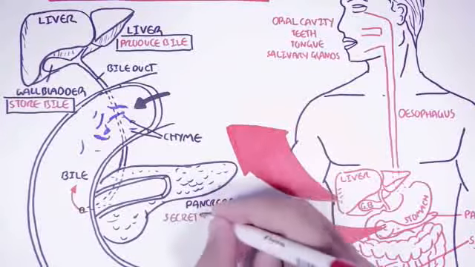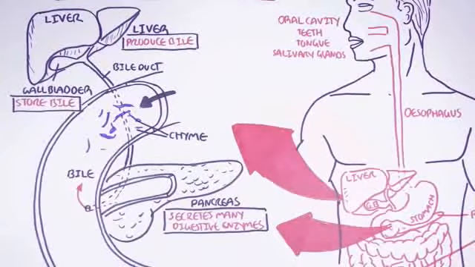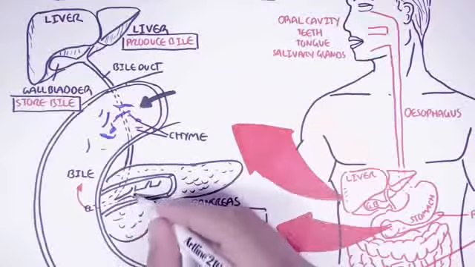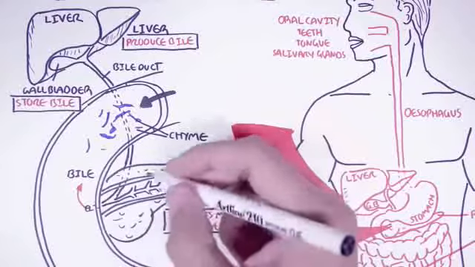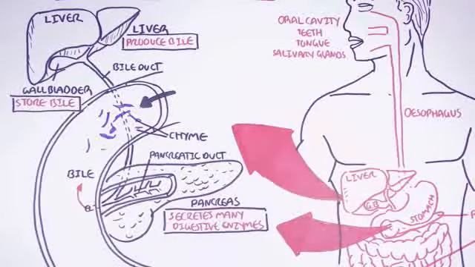During digestion, the pancreas secretes many enzymes. These pancreatic digestive enzymes will be secreted into the small intestine as well through the pancreatic duct. The pancreatic duct actually connects with the bile duct and consequently to the small intestine.